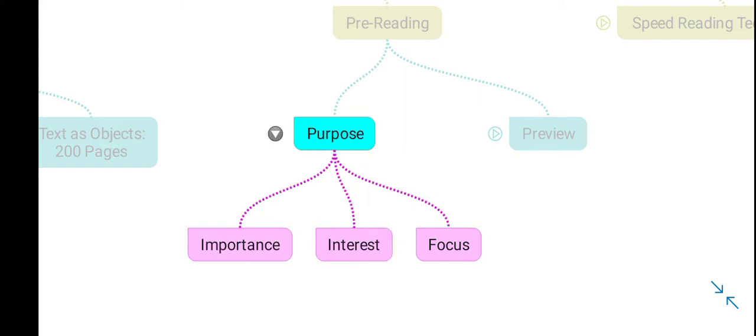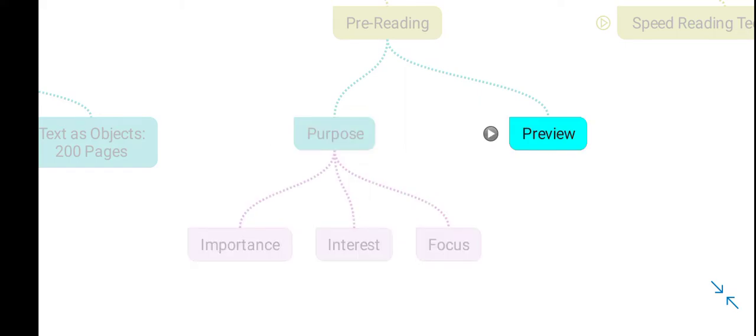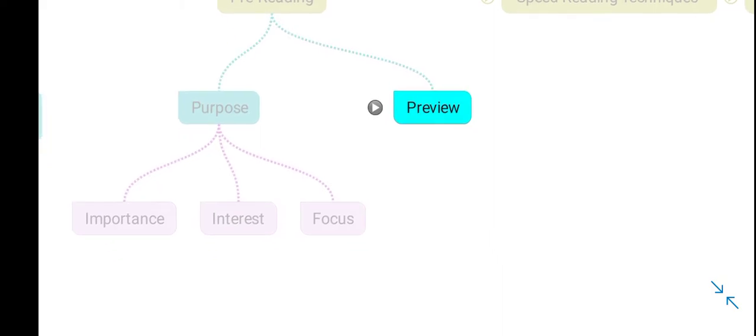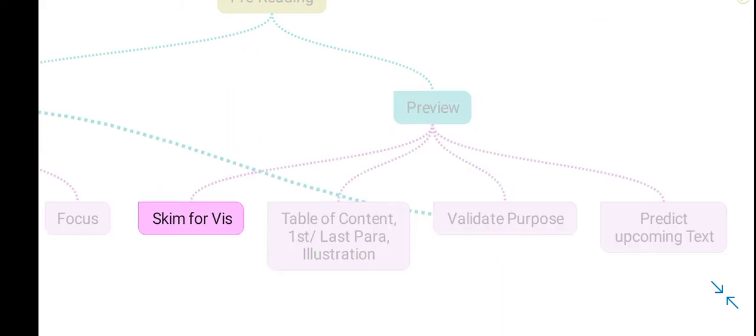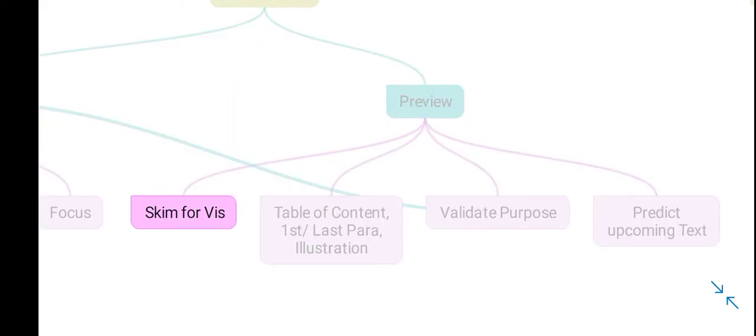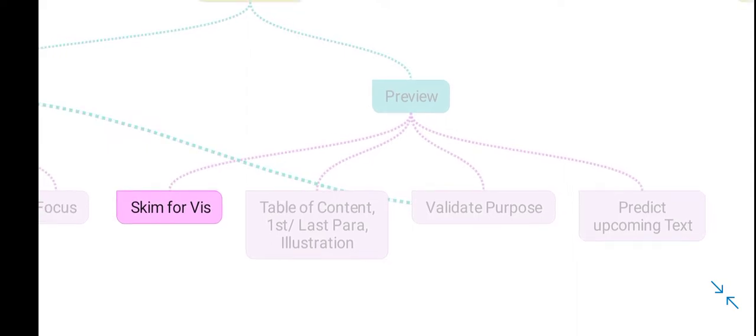After establishing this purpose, you have to take a preview of the book in order to have visibility of the entire subject. So you will skim through the book, through the table of contents, the first and last paragraph of each chapter, and any important illustration.